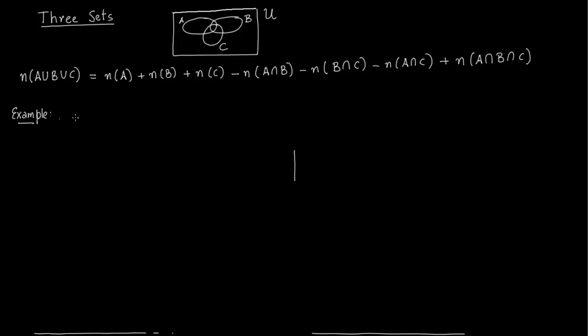So for example, if you are given number of elements in A is 50, number of elements in B is 55, number of elements in C is 25, so in A intersection B there are say 5 elements.